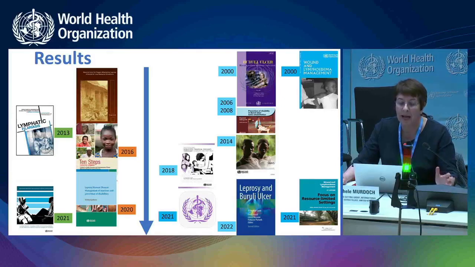And of course, we have full integration of NTDs in the Recognizing Neglected Tropical Diseases Through Changes in the Skin handbook and in the WHO Skin NTD app, which we've just been hearing about earlier. So as you might expect, there's been a bit of a trend towards more integrated materials over the past recent years.